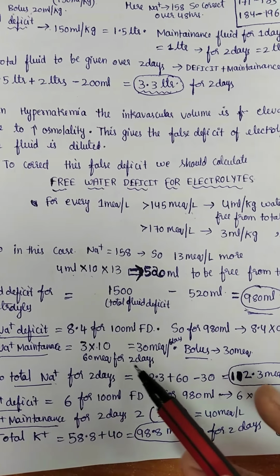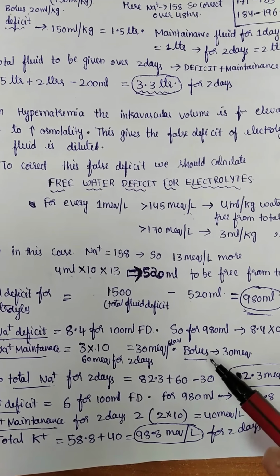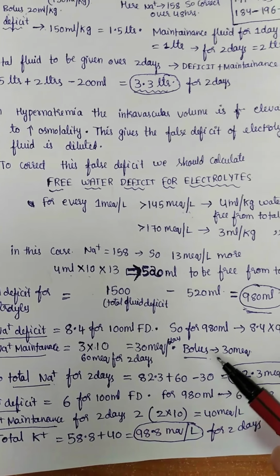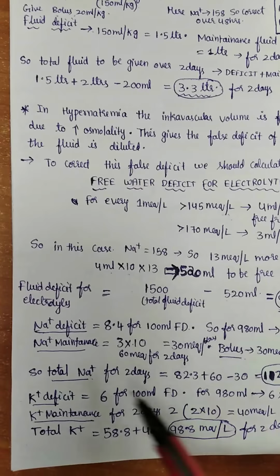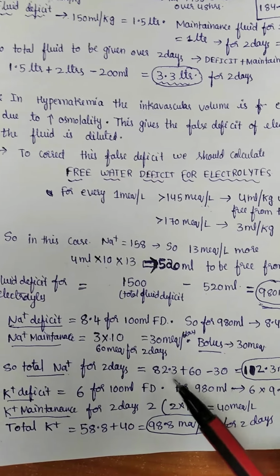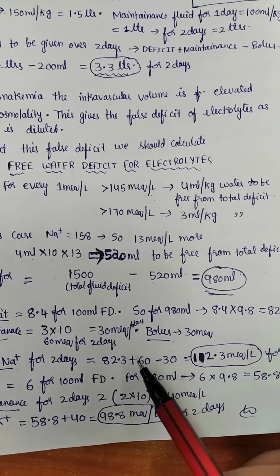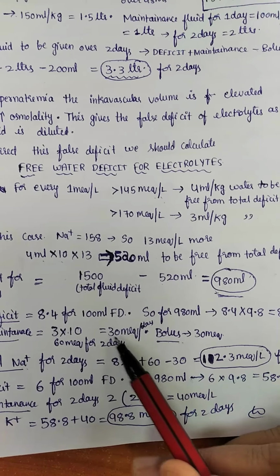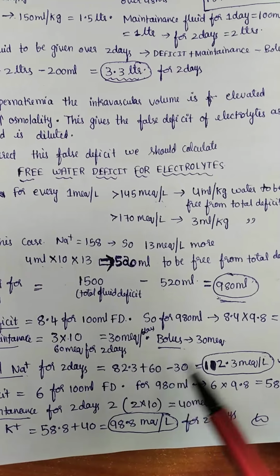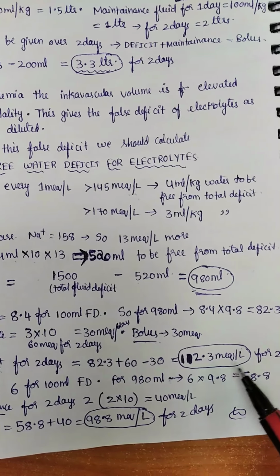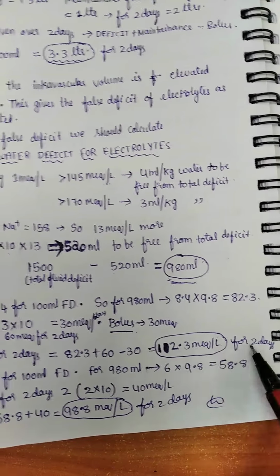In the bolus we have given 30 milliequivalents of sodium. So total sodium for 2 days is deficit 82.3 plus maintenance 60 minus bolus, equal to 112.3 milliequivalents for 2 days.